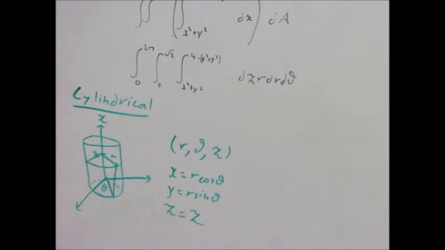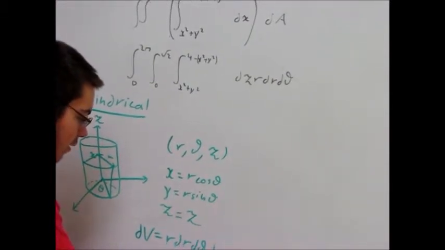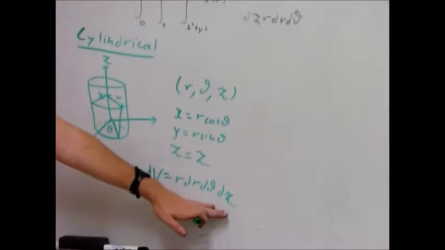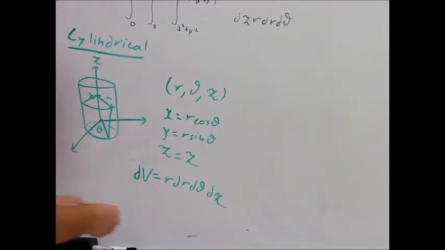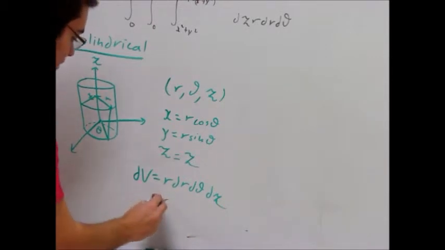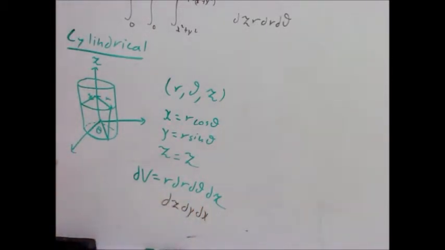So this coordinate system is pretty basic, and when we want to integrate in cylindrical, we often have dV equal to r dr d theta dz, or any other permutation of these, instead of the usual dz dy dx or any other permutation of those.